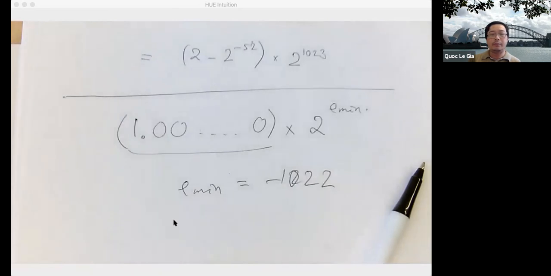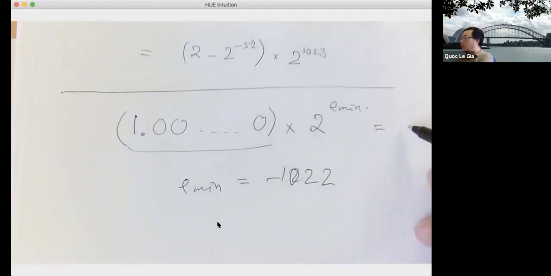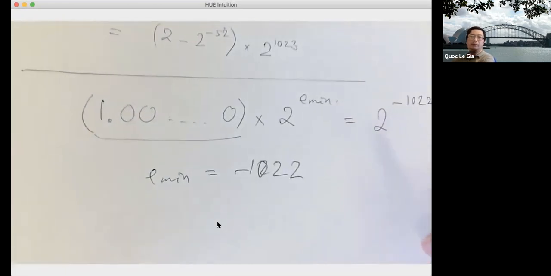So what does it mean? Before I put in MATLAB, let me put in the formula for this one. This one is just equal to 2 to the minus 1022, right?